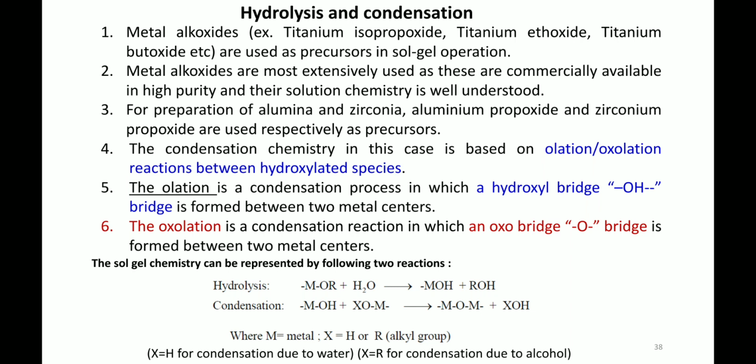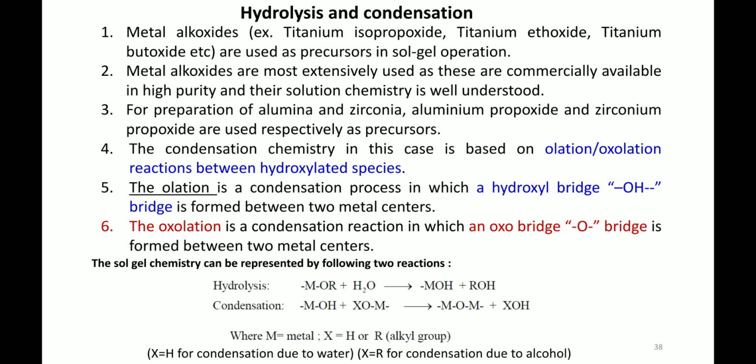The second advantage is that their solution chemistry is well understood. It means that once we have these alkoxides, we are well aware of how these alkoxides are going to help in the formation of sol and gel.